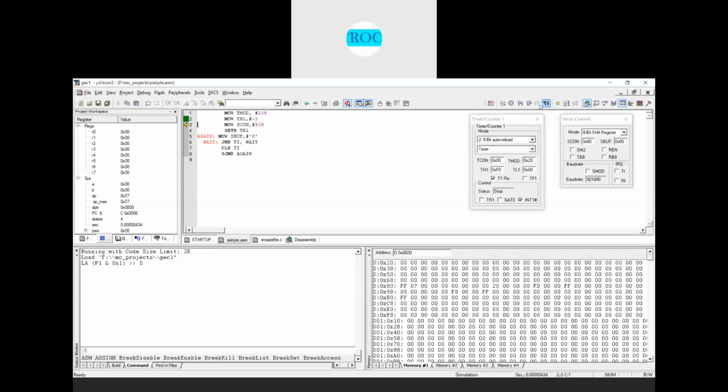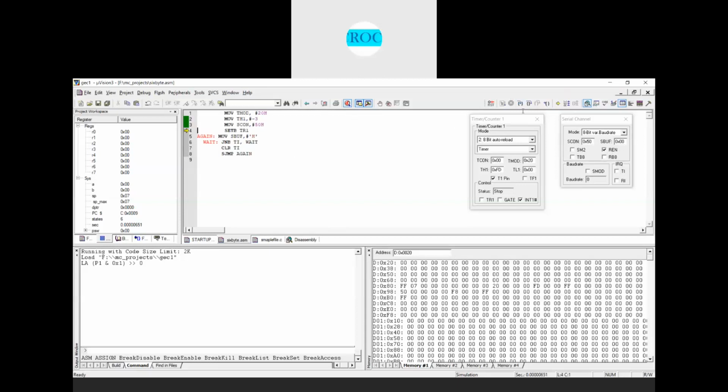And in the SCON register, execute the instruction MOV SCON, #50H. So what we have in SCON now is 50H. Since it is 50 here, the receive enable bit is also set to 1, right?